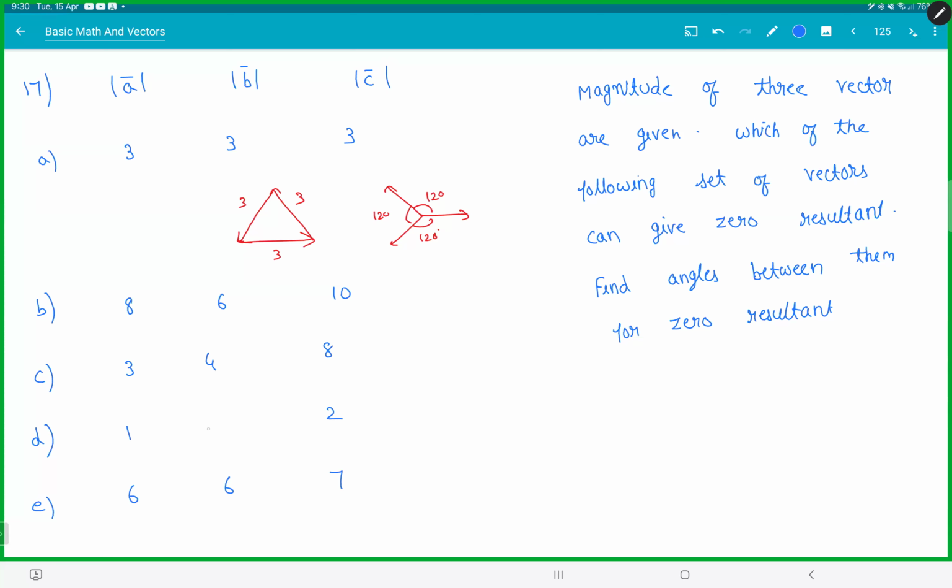Let's make this thing 1, root 3 and 2. So B will form again a right angle triangle, isn't it? 3, 4, 5 tha woh.